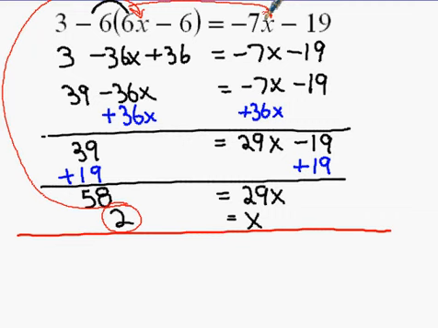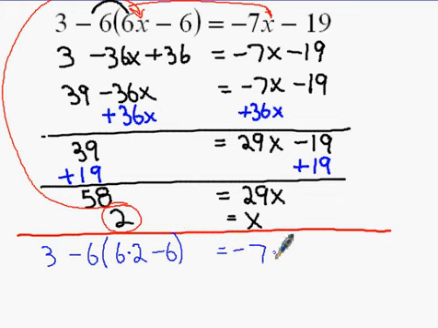So here I go. 3 minus 6 parenthesis 6 times 2 minus 6 equals negative 7 times 2 minus 19. Okay. Kind of messy, so I have to be careful here.